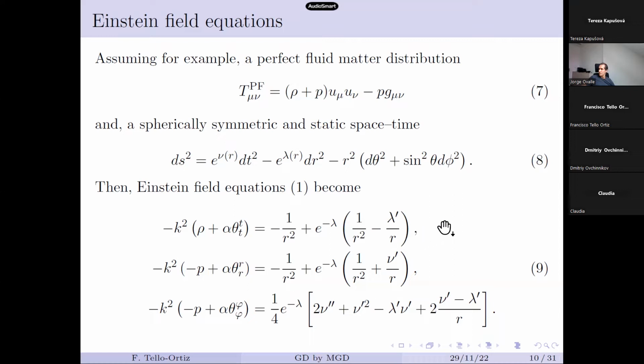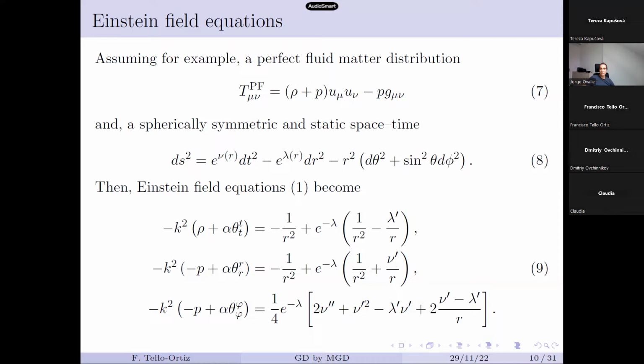Then you have 7 unknowns. And before introducing the theta sector, you only had 4 unknowns: density, pressure, and both metric potentials. In principle, as you can see, we are not gaining anything because the number of unknowns is increasing.